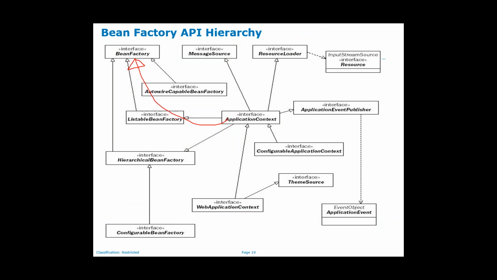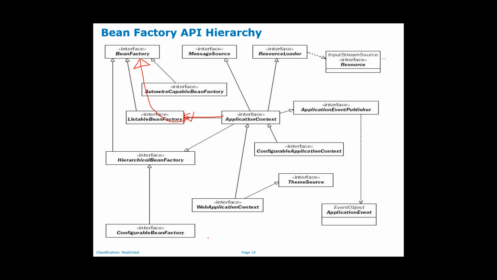This is how the chain is going. This is extending this, and from here you have this bean factory. This is how it is being extended. Clear with this?